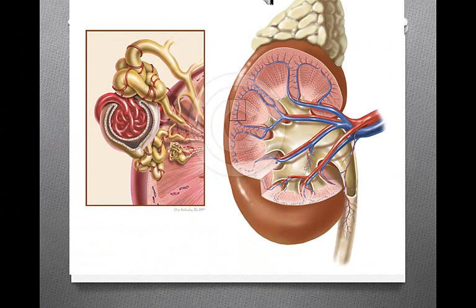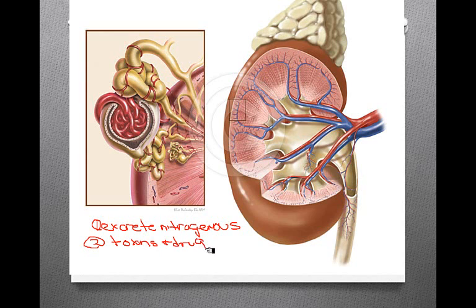So moving back to the kidneys here, we have the functions. They excrete nitrogenous waste, and they get rid of toxins and drugs. I'm just going to put toxins and drugs here. All right.